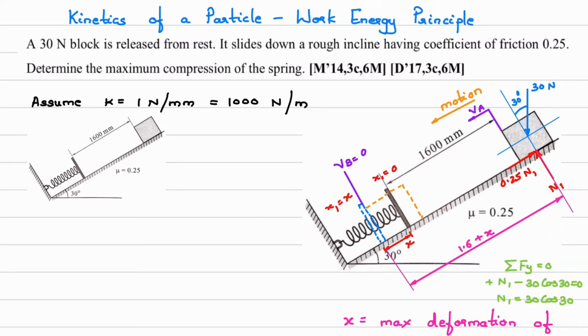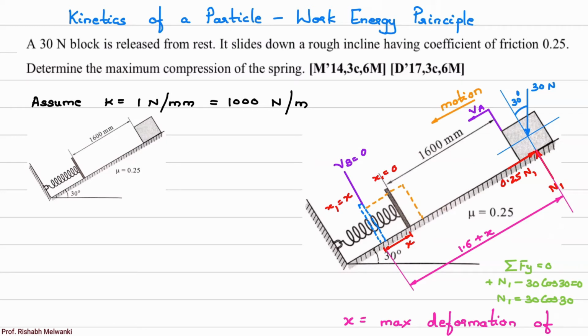Now in this numerical, we have not been given value of spring constant K. So I am assuming here K is equal to 1 Newton per mm or it is equal to 1000 Newton per meter. If you solve the university paper, on the top side of the paper you will see assume suitable data is written.